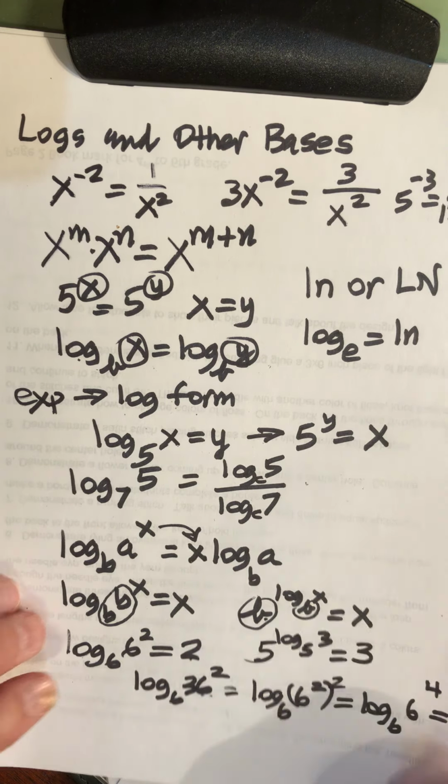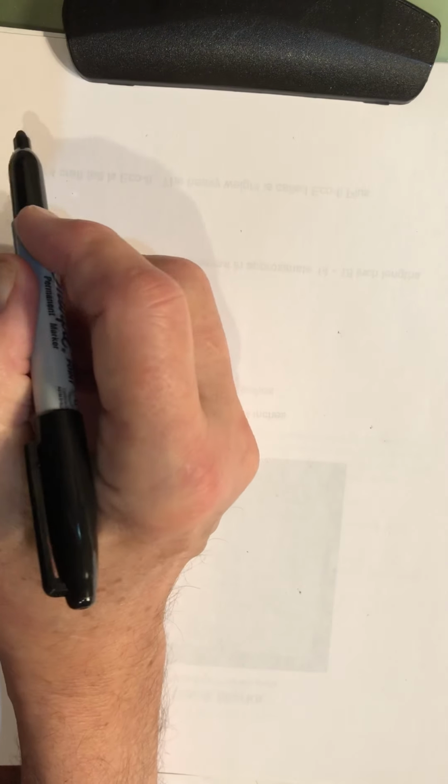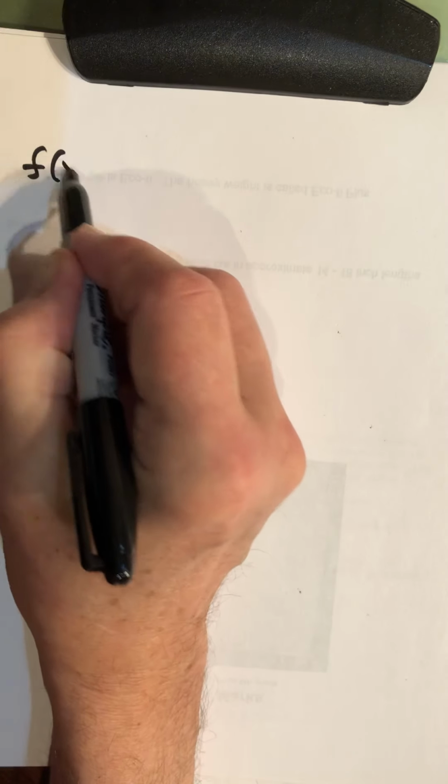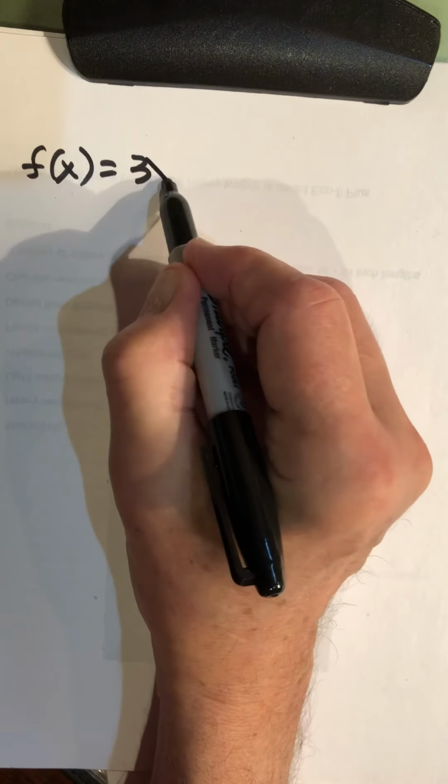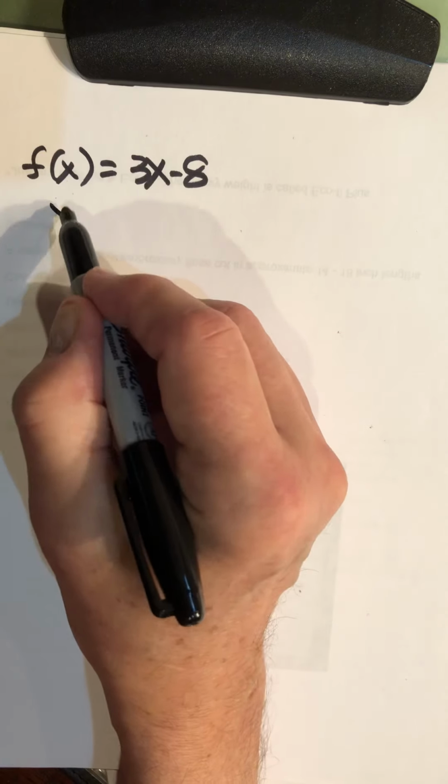All right, let's go back and review some inverse functions. What if I had f of x equals 3x minus 8? What's the inverse? Well, this is y, but I'm going to switch x and y.